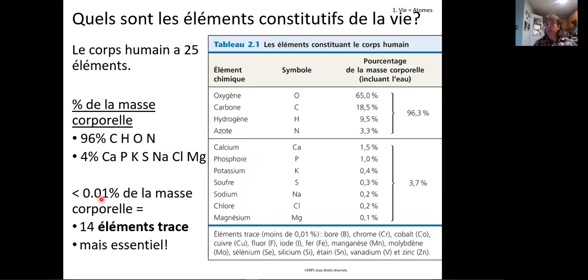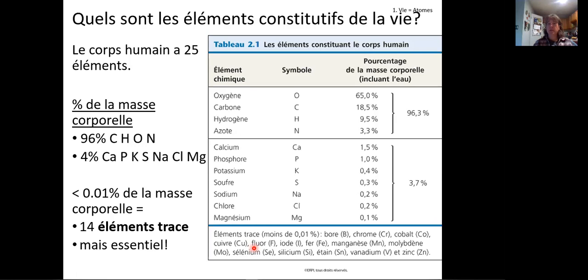But there is a little bit more space in our body for 14 more elements. 0.01% of our body mass is made up of these 14 elements down here. Because we need only a small quantity, we call them trace elements.